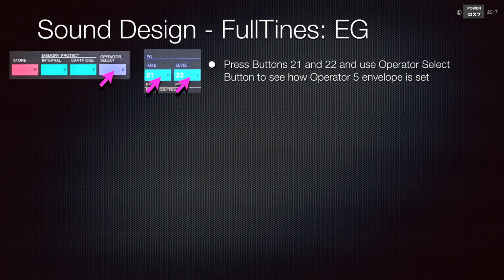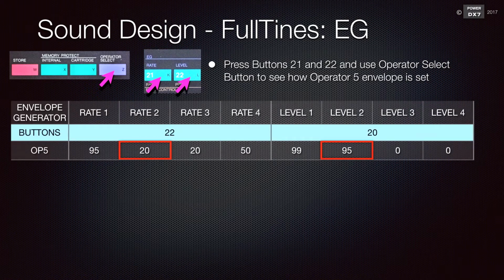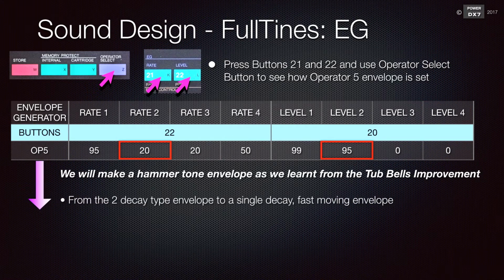Press buttons 21 and 22 and use operator select button to see how operator 5 envelope is set. At the moment, operator 5 has a 2 decay type envelope with a very long decay. So, we will change it to 1 decay type envelope with a very short decay.